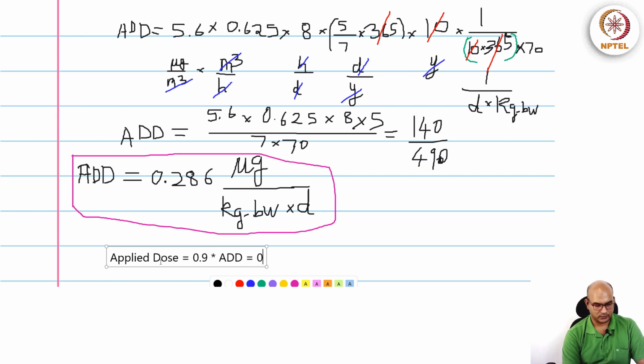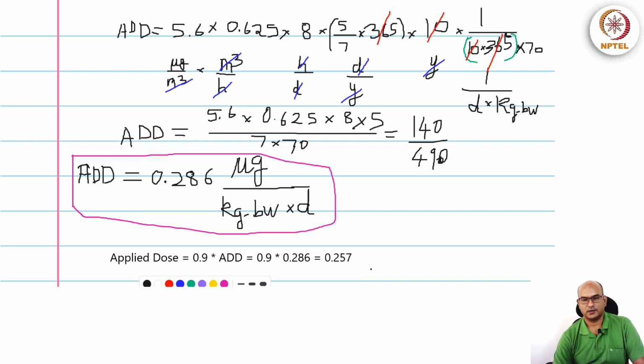So this is equal to 0.9 multiplied by 0.286, which is approximately 0.257, and the units are microgram per kg body weight per day.